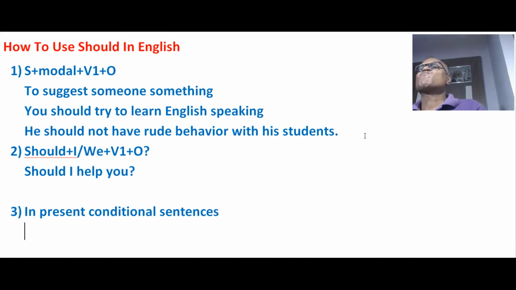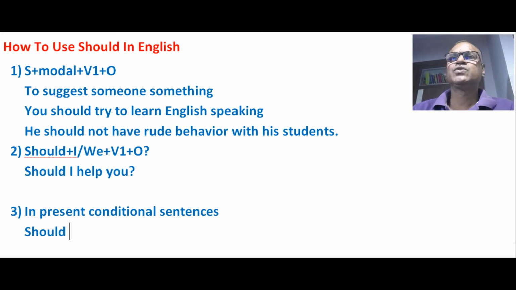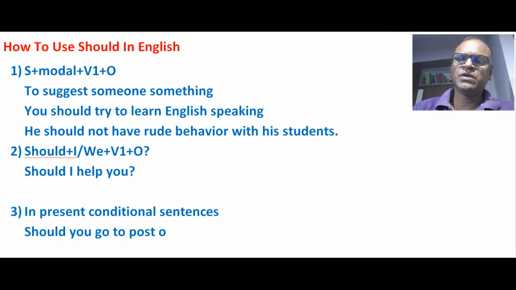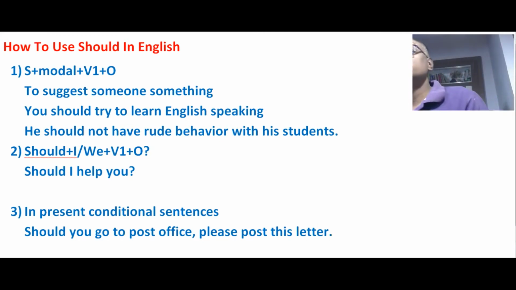Like I write first, should you go to post office, please post this letter. It means if you go to post office, you can use should. Should you go to post office, please post this letter. If you go to post office, please post this letter.